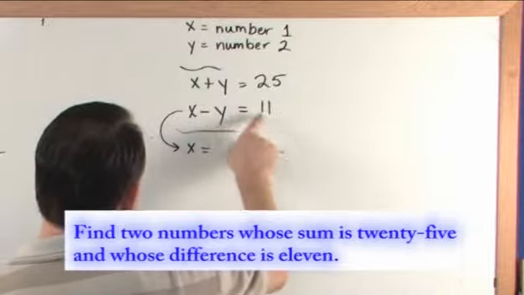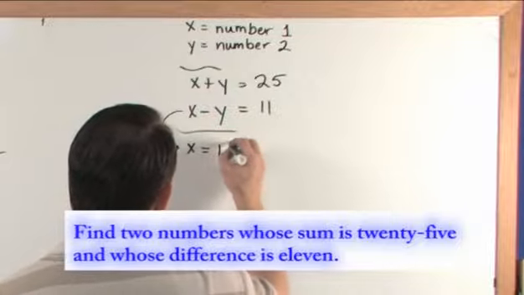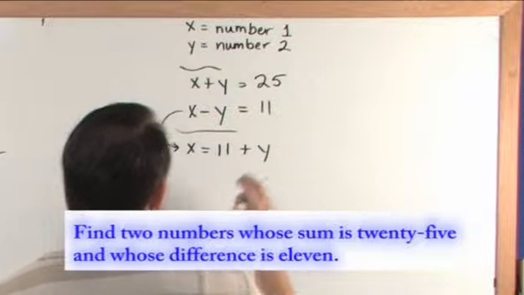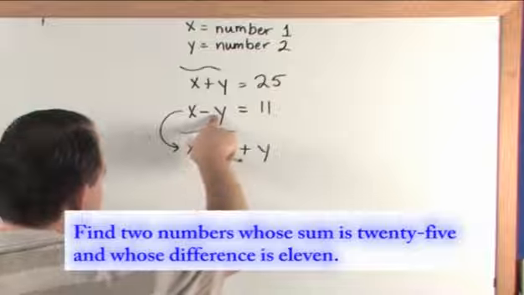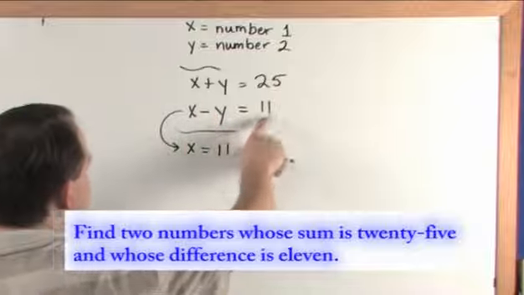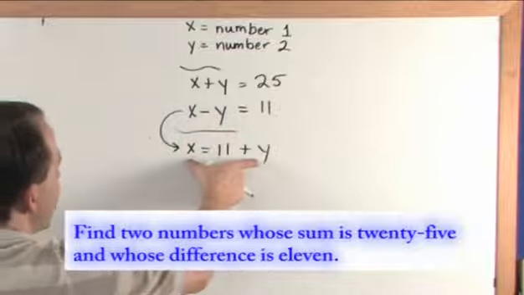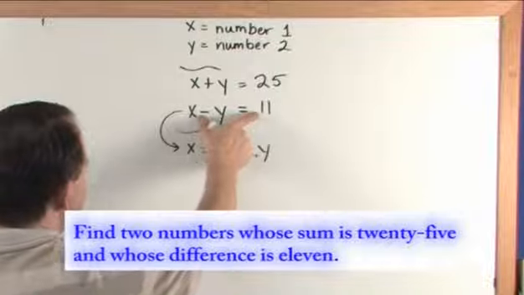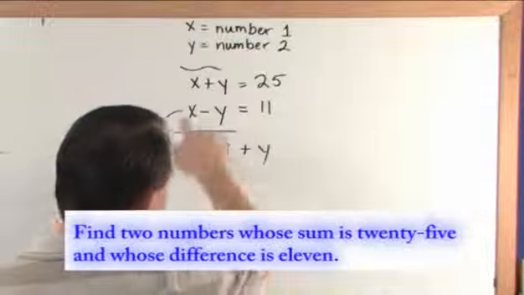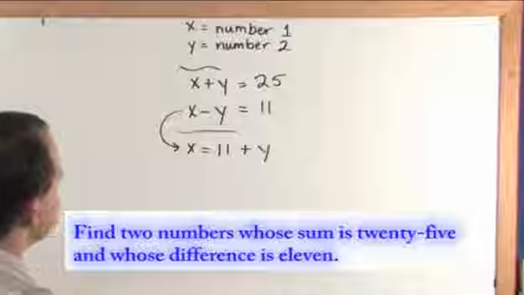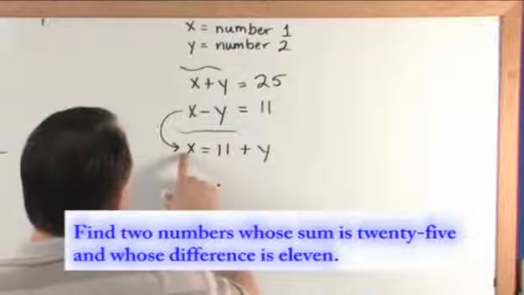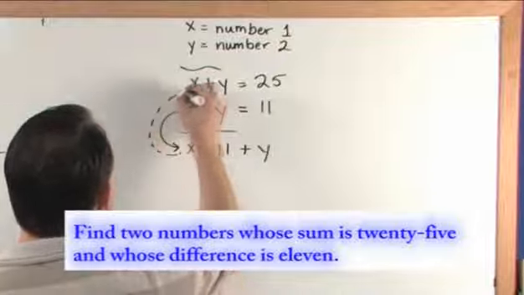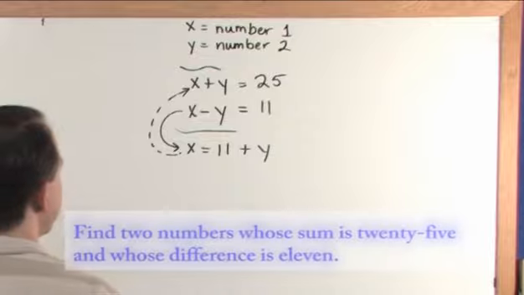We're just going to add y to both sides, right? So that's going to be 11 plus y. All we did was add y to the left, which gets rid of this y, and 11 plus y on the right. So this equation here that we found is the exact same equation as this. I mean, there's no difference between the two. It's just written down differently. Okay? And now we can take this and plug it in there and we'll be able to solve.